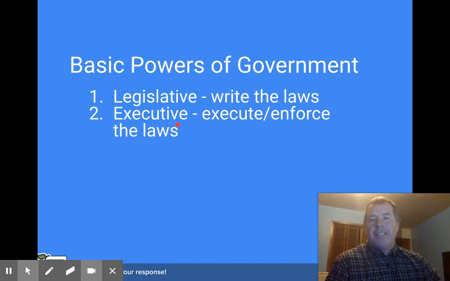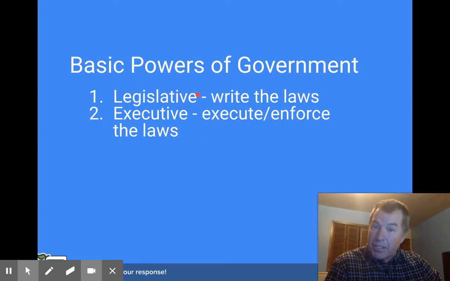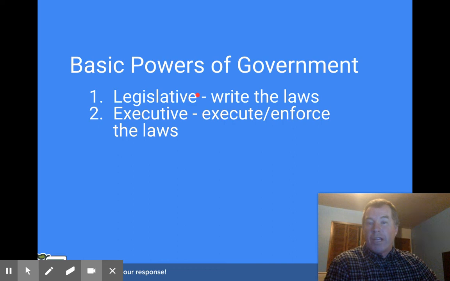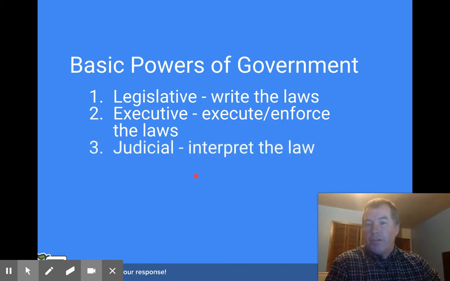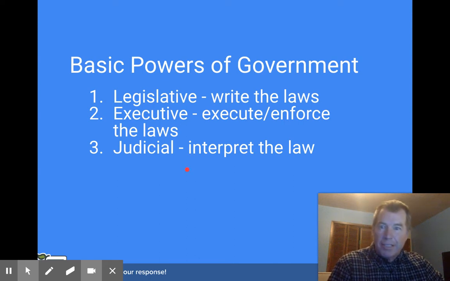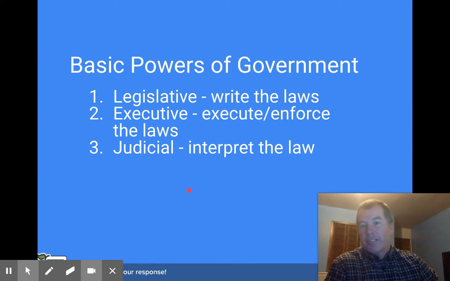The executive enforces laws, executes laws, makes sure laws that are written by the legislators get carried out, enforced, or followed through with. And then lastly, we have the judicial power, which is to interpret the law, to interpret if a law is okay, to interpret if a law has been broken. The judicial system has courts and prisons and consequences for actions.